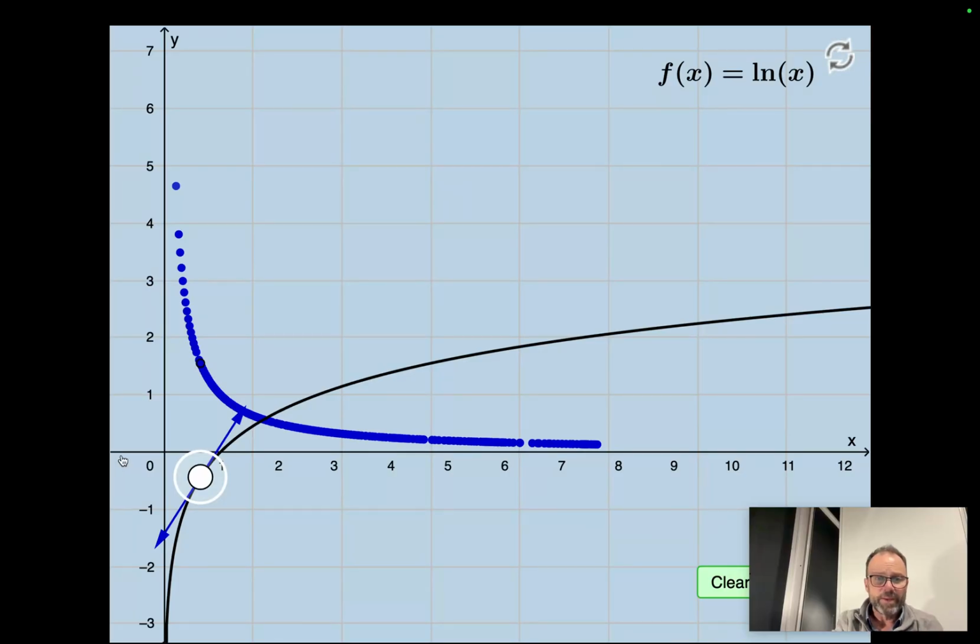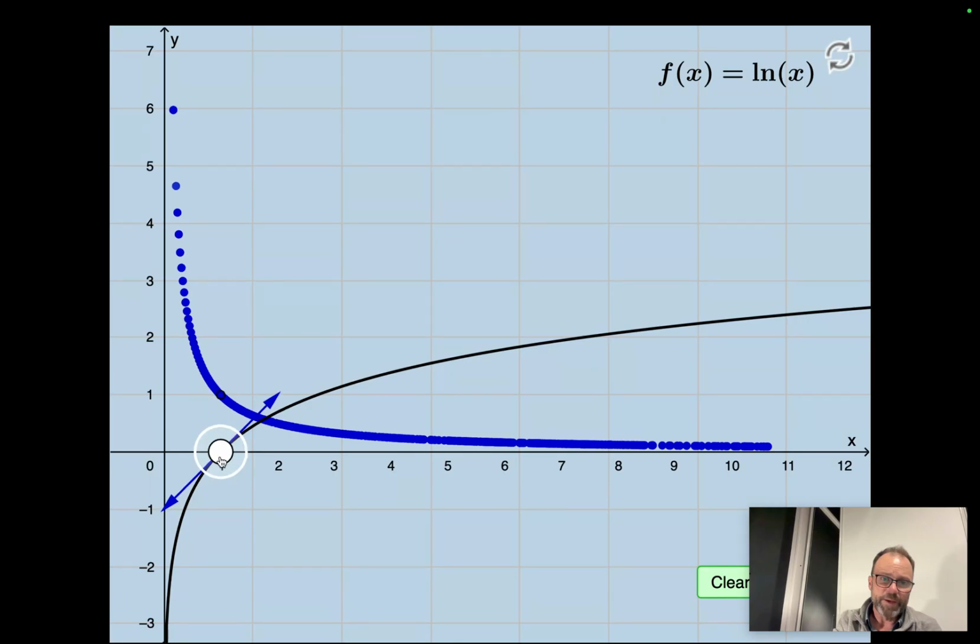While I've been playing with this, you may have noticed it's drawing these blue dots. The blue dots are so that the black line is your function curve. There it is, natural log. The blue line here is your gradient curve. Let's just think about it.